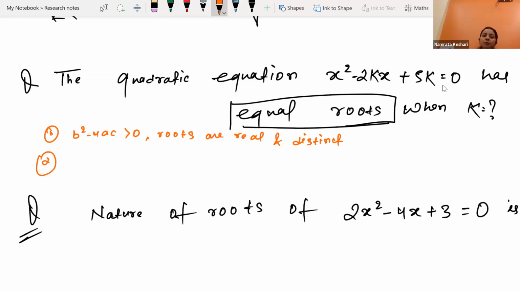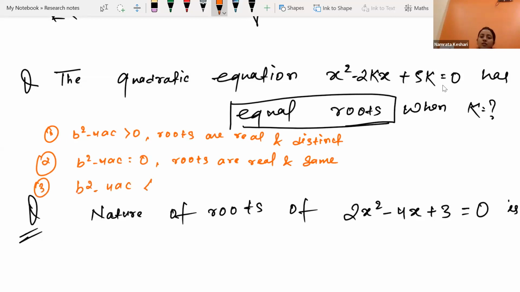When b square minus 4ac is equal to 0, then roots are real and same. And the last condition was when b square minus 4ac is smaller than 0, then roots are not real. These were the three rules we had in hand.